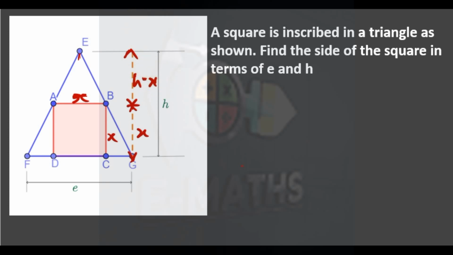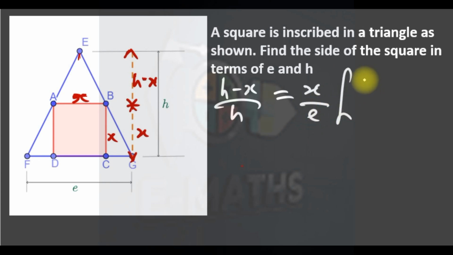Using the similar triangle theorem, we have that h minus x over h, that's this one over the long one, will be equal to x over e.